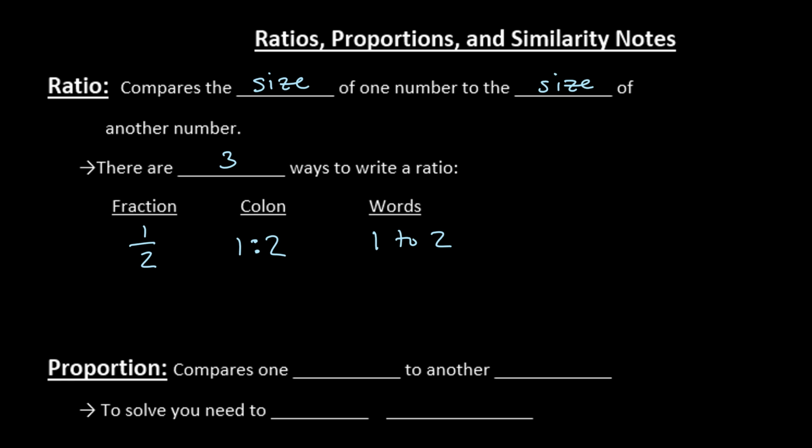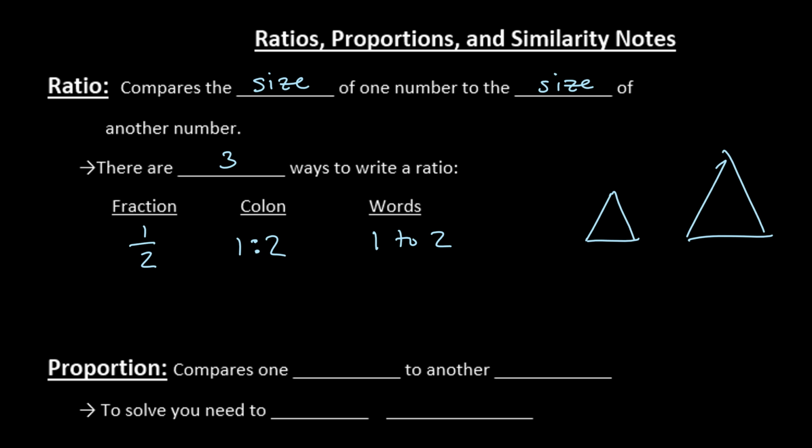Now, the reason we go over ratios is because when we're thinking about a similar shape, and I say the two shapes have a ratio of 1 to 2, what do you think that means? If I'm telling you this triangle compared to this triangle, together, these two triangles have a ratio of 1 to 2.